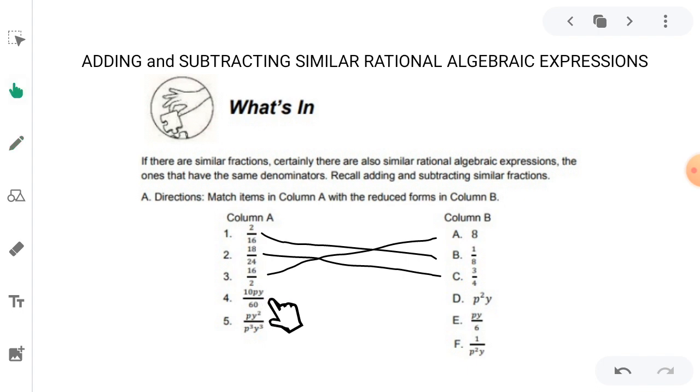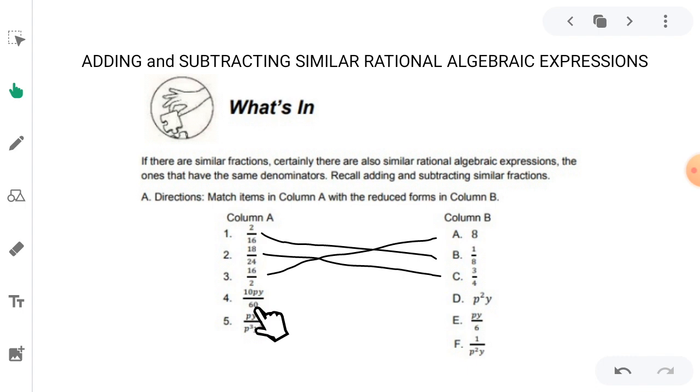Kung napapansin natin yung number 4 at 5, ay mayroon silang mga variables. So how are we going to compute the 10py/60? So tignan muna natin yung ating coefficient, which is the 10 and 60. What is the GCF of 10 and 60?